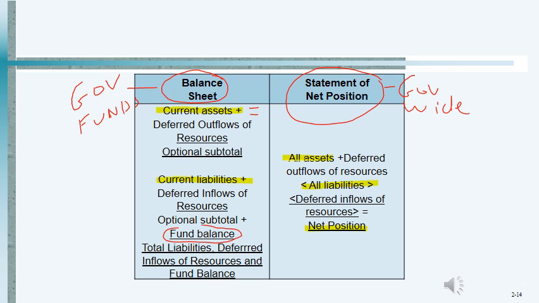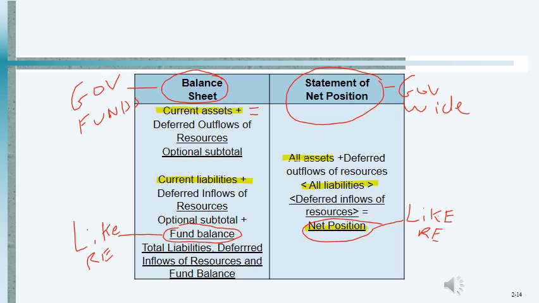And remember, we've said that our fund balance is like retained earnings, just like our net position is like retained earnings.